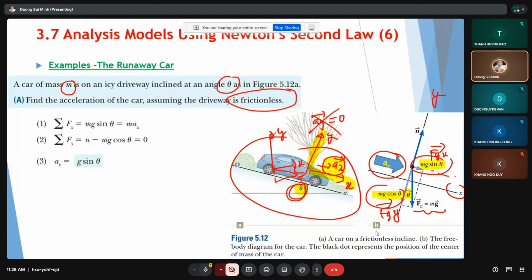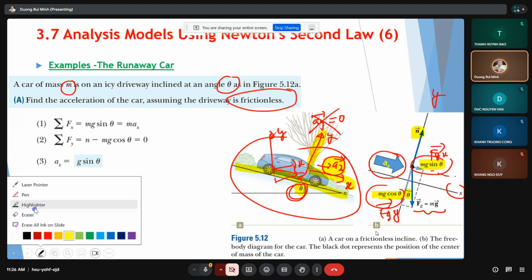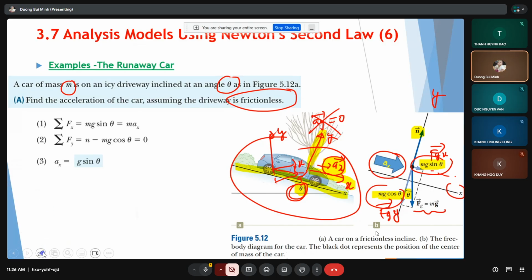And here we have the surface, so we have the normal force. Remember that the normal force is always perpendicular to the surface. This is the surface, so the normal force must be like this. The normal force is always perpendicular to the surface.